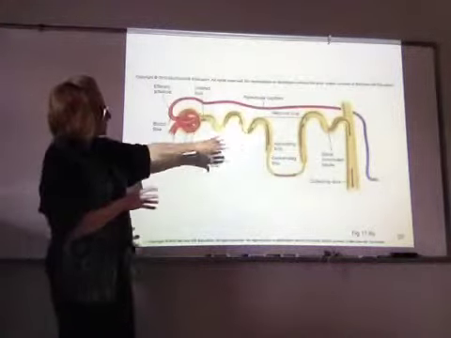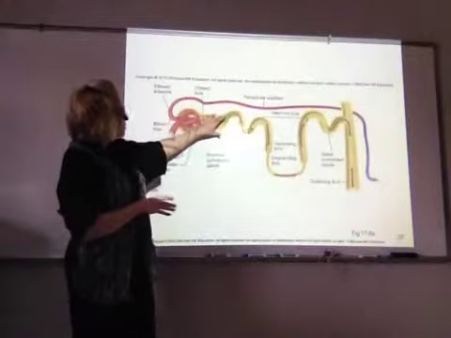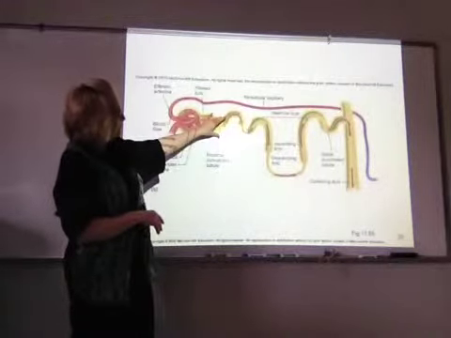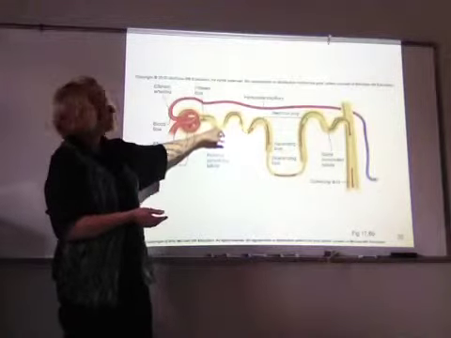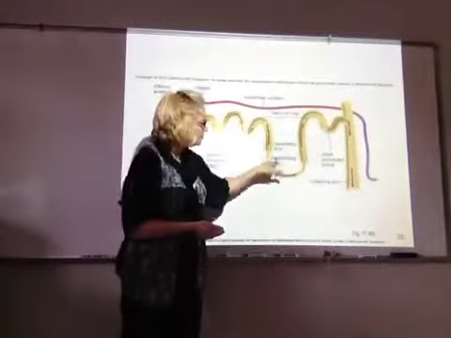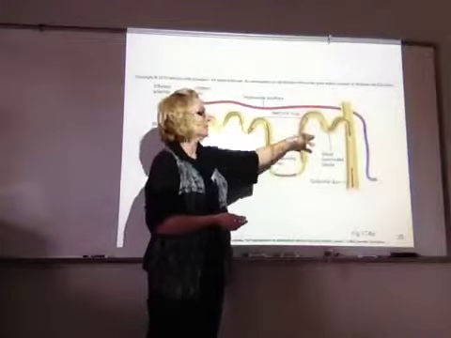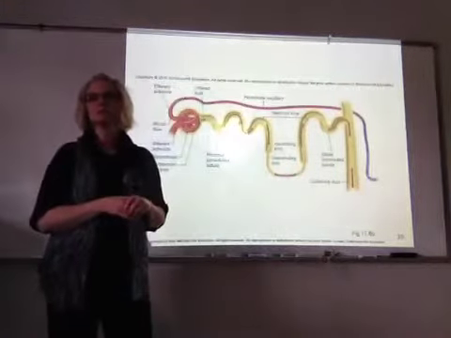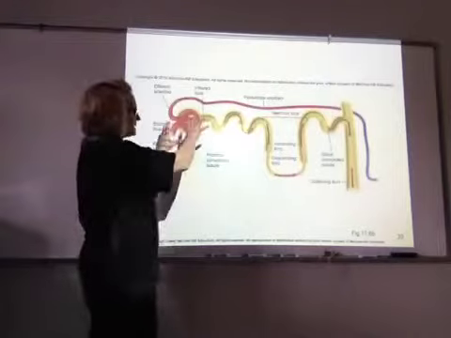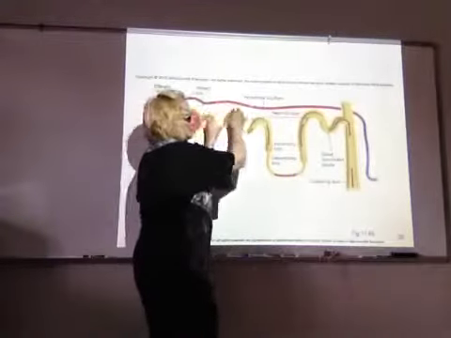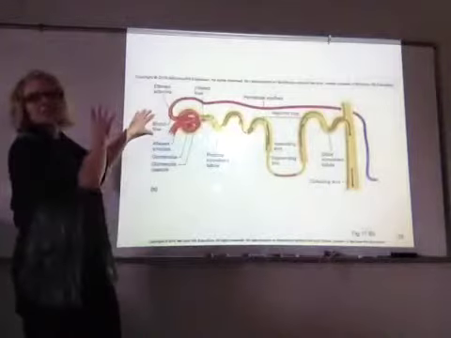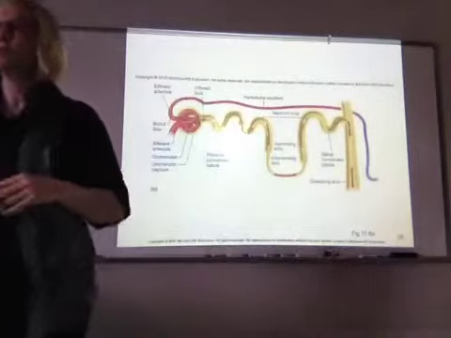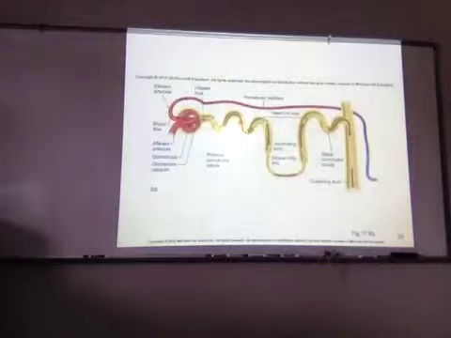If I stretch this tube out, the proximal convoluted tubule leaves the glomerulus, and then it goes through this loop, it comes down, it comes up, and then it's going to go through the distal tubule. So basically, this is wrapped up, and we've just taken it and spread it out, so you can actually see the order that it goes through.